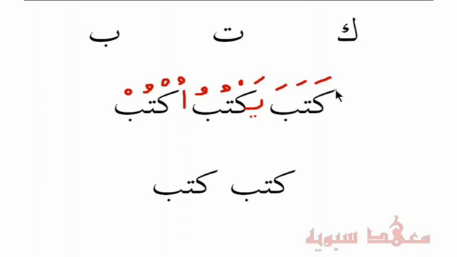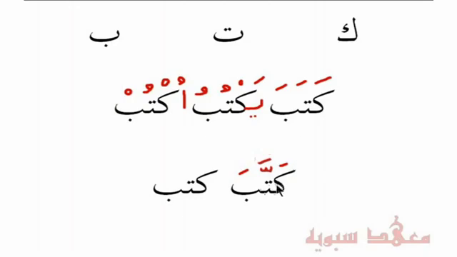However, with verbs we can actually double letters, we can actually add letters in, and it gives a new meaning. For example, and I'll just give one example of this. If we double the middle letter, so instead of kataba, you put the letter doubled, meaning as if there's two of them. It's kattaba.